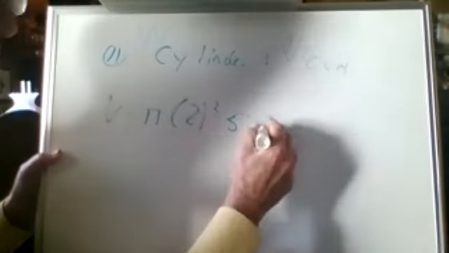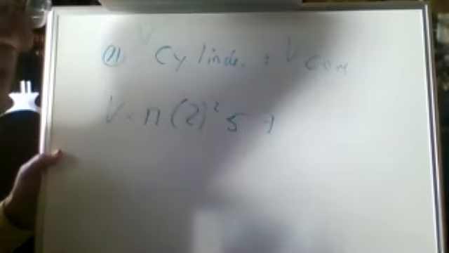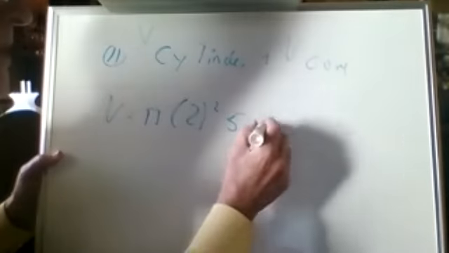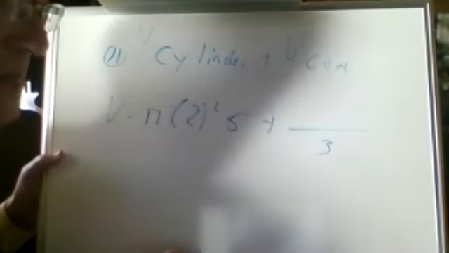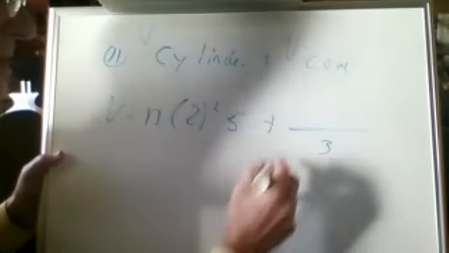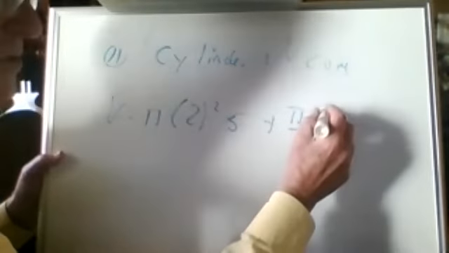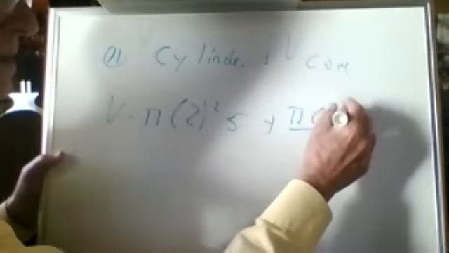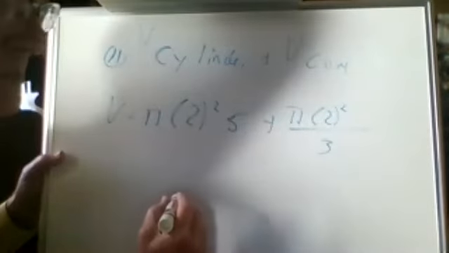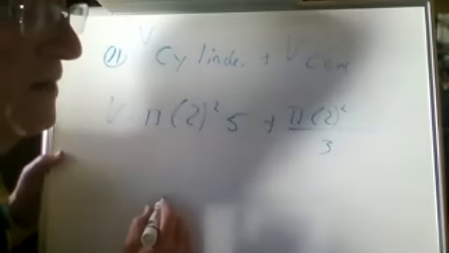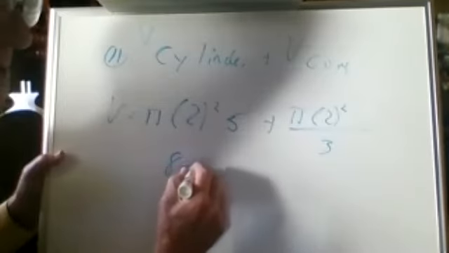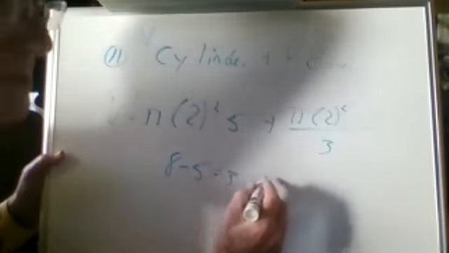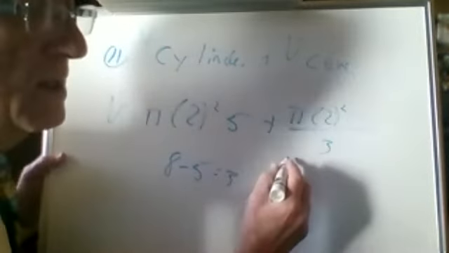Plus the volume of the cone, which is 1/3 pi r squared h. So that's pi, r is still 2 squared. To find h, the whole thing has a height of 8, and the cylinder has a height of 5. So 8 minus 5 is 3, so this should be 3.